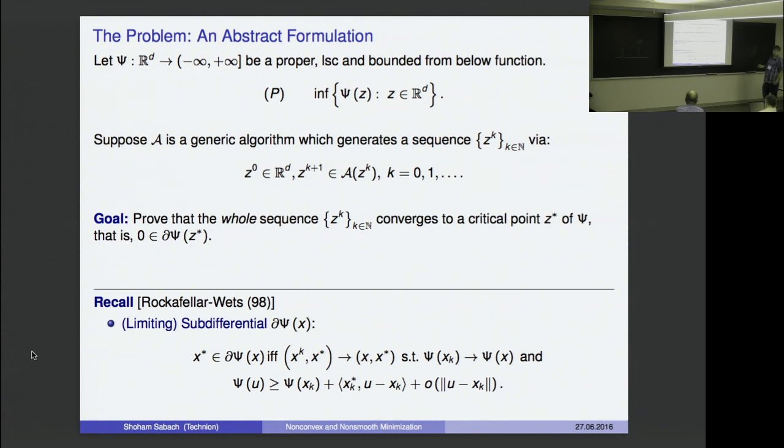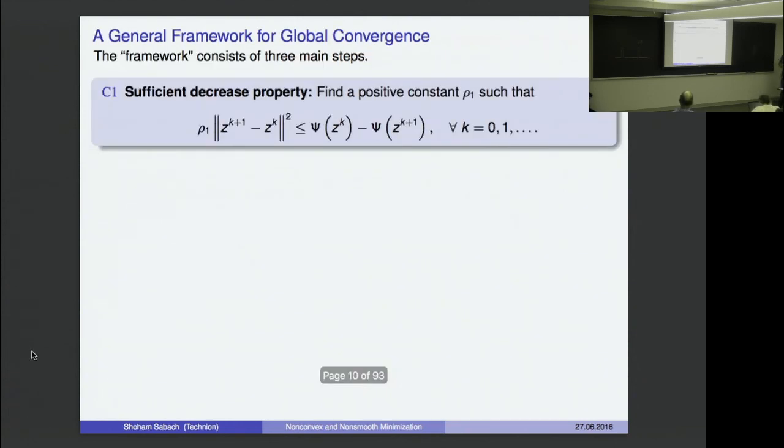We want the global convergence of the sequence zk. The framework consists of three main conditions. The first two conditions depend on the algorithm, the calligraphic A, while the third condition, which I will get to later, depends only on the data of the problem, that is, only on the objective function.